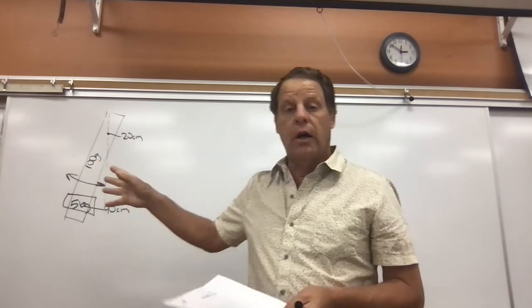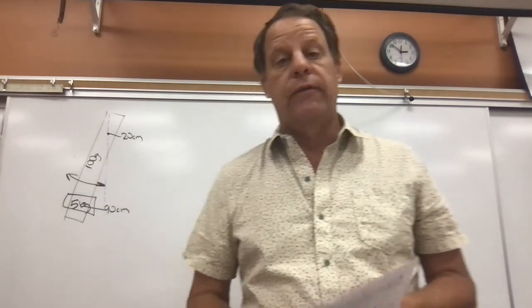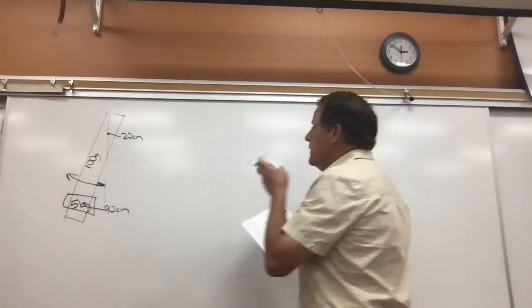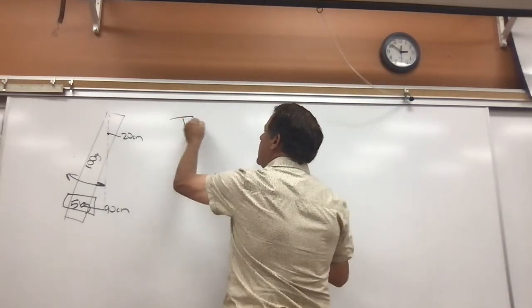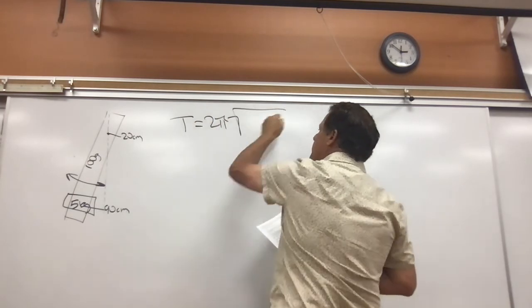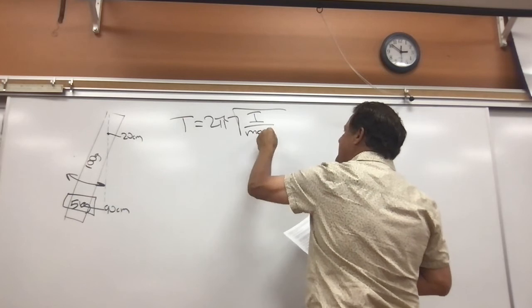Now, this is no longer a simple pendulum. This is going to be a physical pendulum, okay? And to calculate the period of a physical pendulum, that is going to equal 2 pi times the square root of I over mgd.